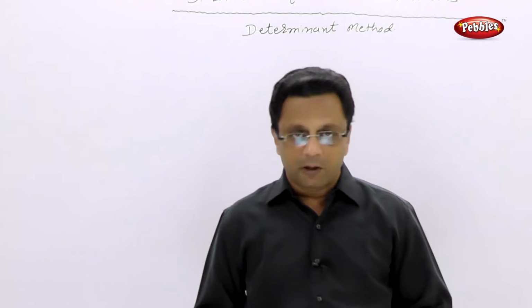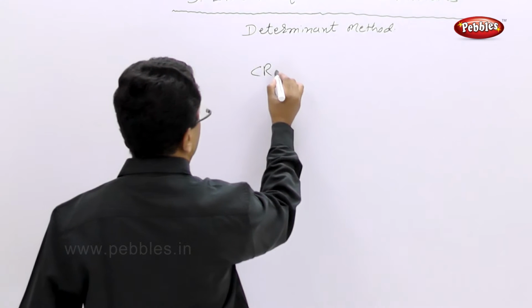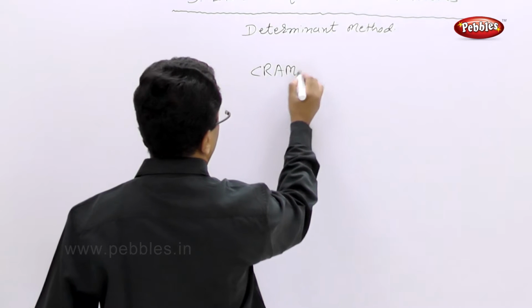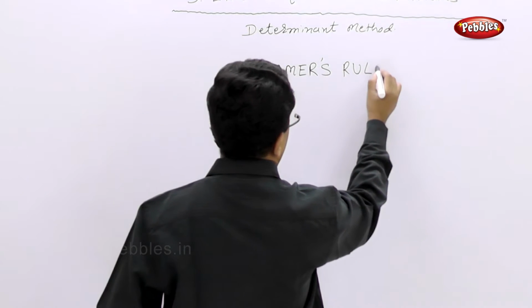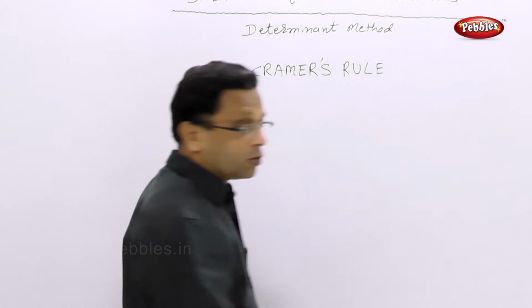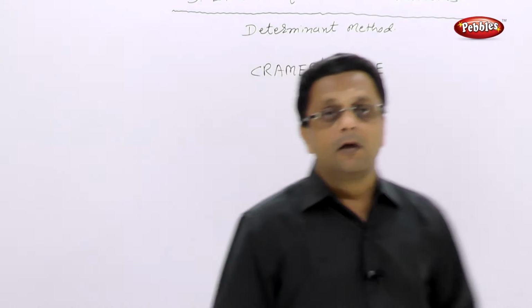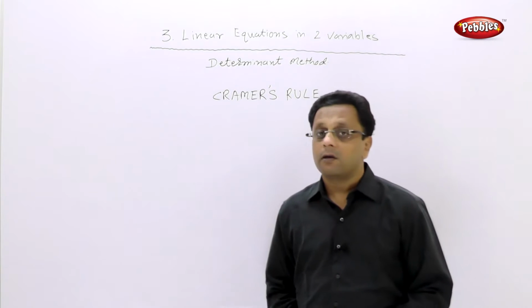So let us see Cramer's rule. This rule was derived or defined by the Swiss mathematician Gabriel Cramer.